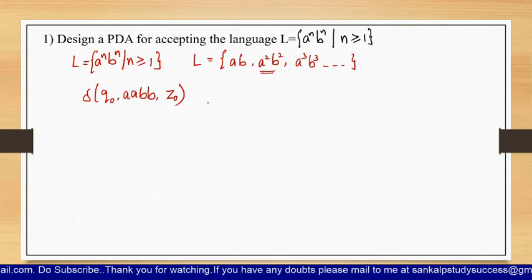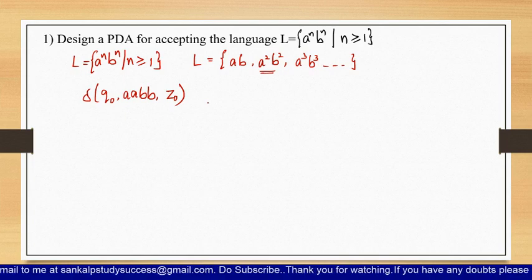For an equal number of a's, we have an equal number of b's. We have learnt that a pushdown automaton can accept by the final state, or it can accept by the empty stack. For aa bb, for each and every a, there is one b, correct? So for every a, we are going to push an element into the stack, and for every b, we are going to pop an element from the stack.